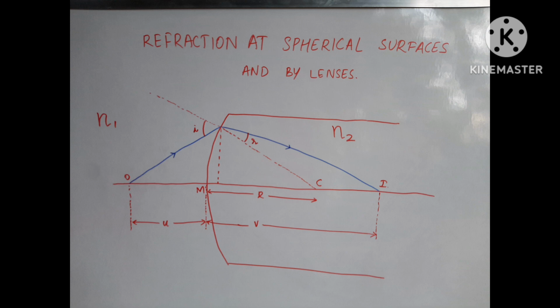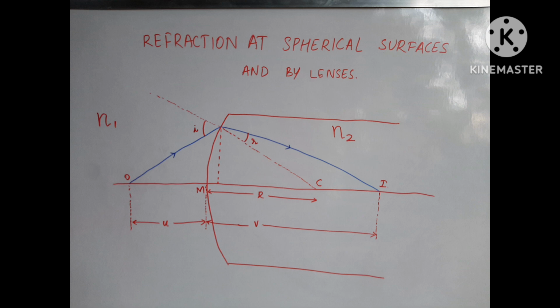In this diagram, the distance u is the object distance, the distance v is the image distance, and the distance r is the radius of curvature.